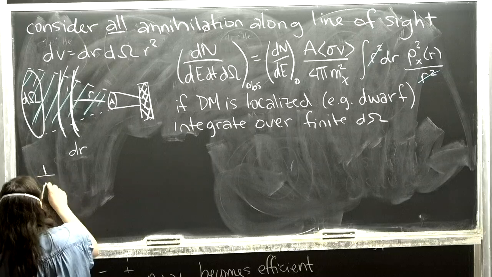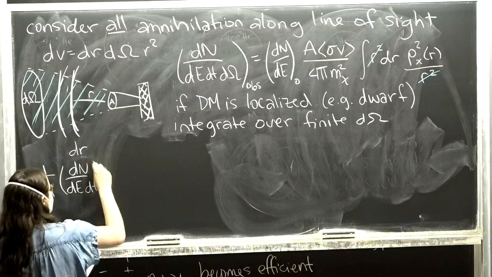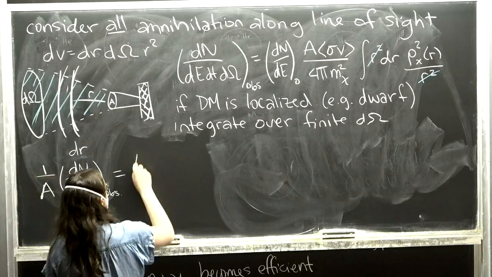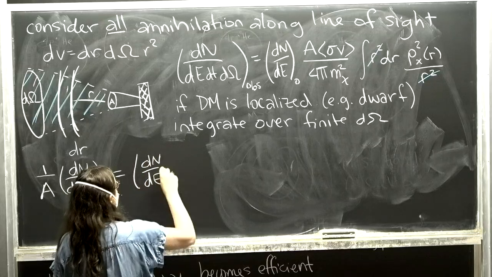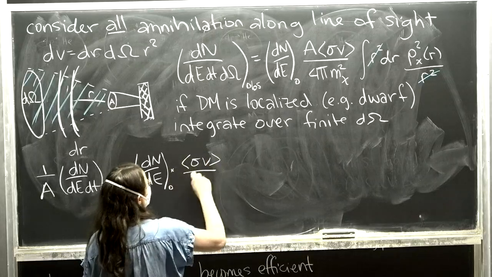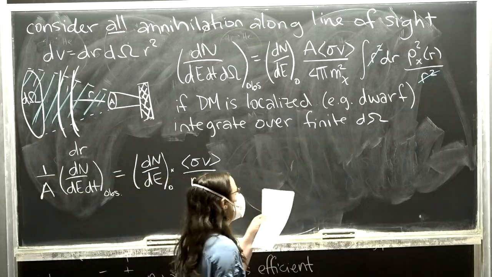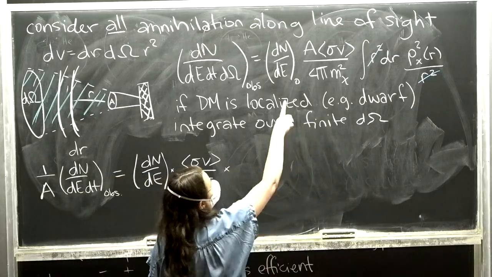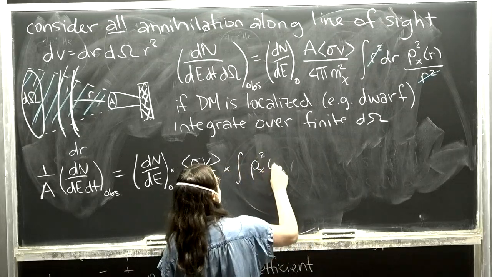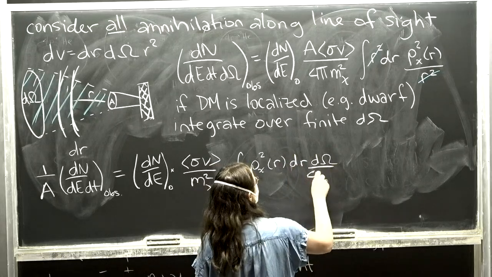So I'm going to write this as 1/A dN/dE dt observed equals, again, the dN/dE, the intrinsic one, times σv over m_χ squared times the integral of that thing right there. So I'm going to move the 4π over there as well. So the integral of ρ_χ squared of r dr dΩ over 4π.